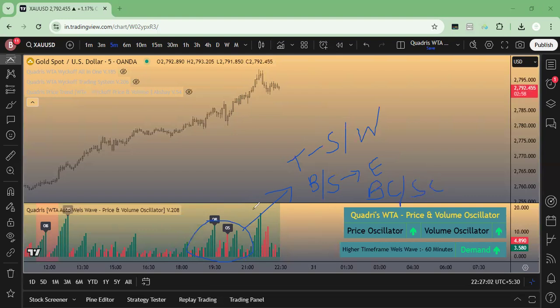Apart from that, it also helps a trader identify whether a new trend is going to get started, or whether it is just a reversal or just a pullback.